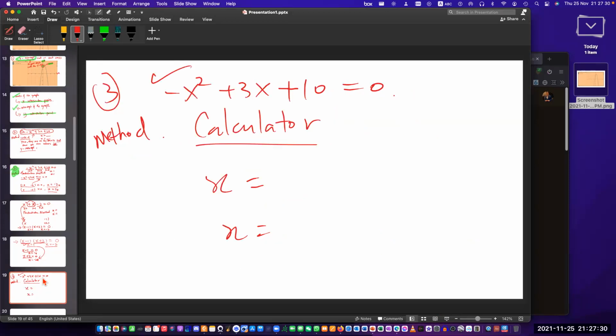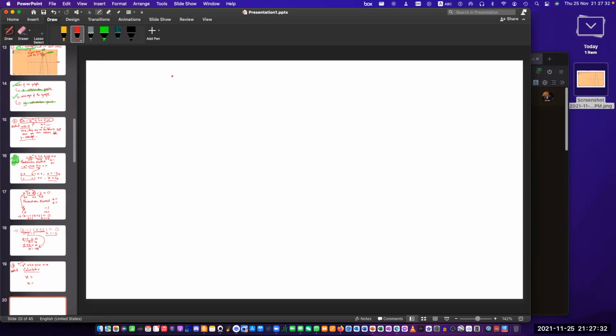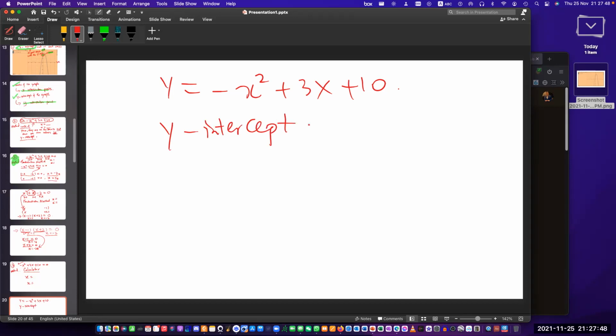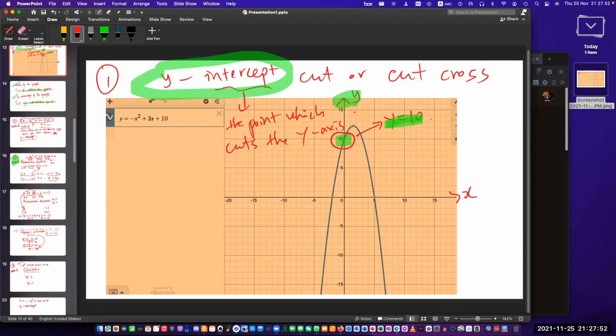Now let's talk about how we can find the y-intercept for the same question. We talked about how we can find the roots. Now, how to find the y-intercept without using the graph? Like I say, what is so special about the y-intercept here?